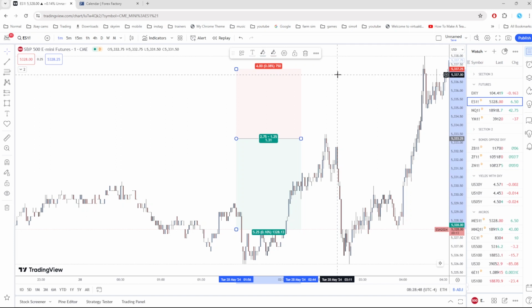If you're profitable and you take 1-to-1s, even with your losses, you will still come out the other end being a profitable trader, even if you are 40% profitable. If your win rate, if your strike rate is 40%, you are profitable.